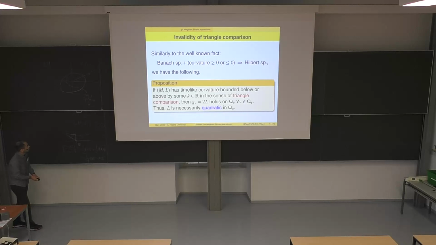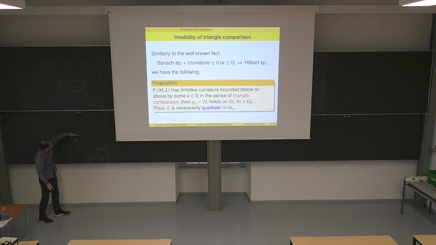So in the first case, we have the upper bound of this plus this by this plus this. Then we have the opposite inequality for this triangle. And we have equality. And the equality is the parallelogram identity, so it is necessarily a Hilbert space.